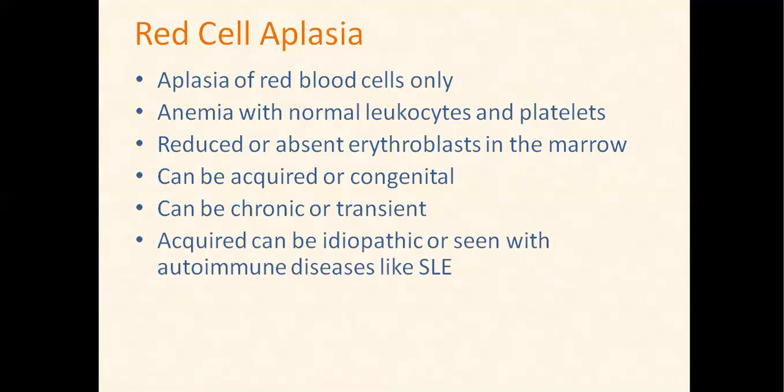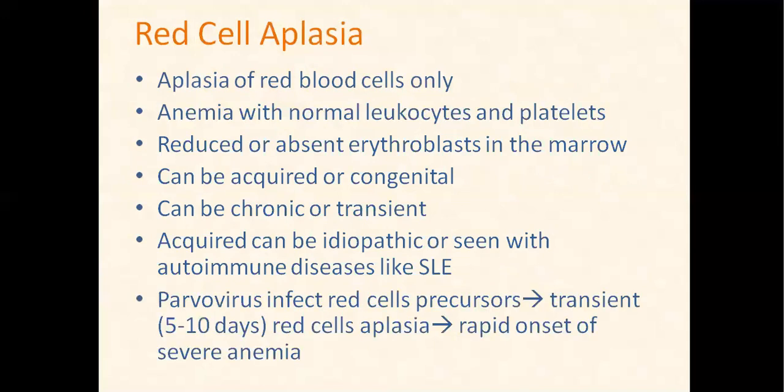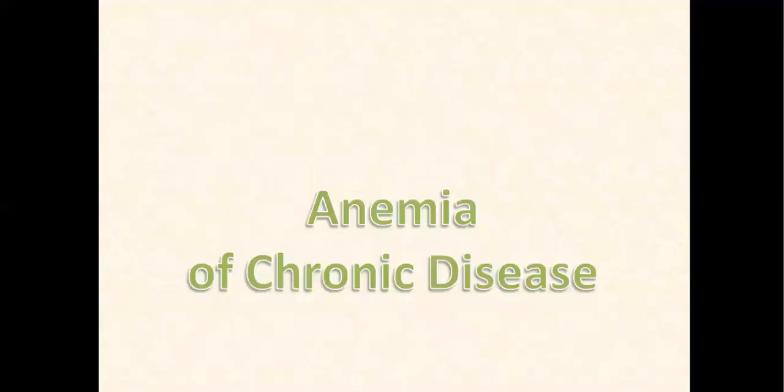Acquired can be idiopathic or seen in autoimmune diseases like systemic lupus erythematosus, SLE. Parvovirus infects red cell precursors, transient, from 5 to 10 days. Red cell aplasia shows rapid onset of severe anemia. It might occur with drug therapy. And thank you.